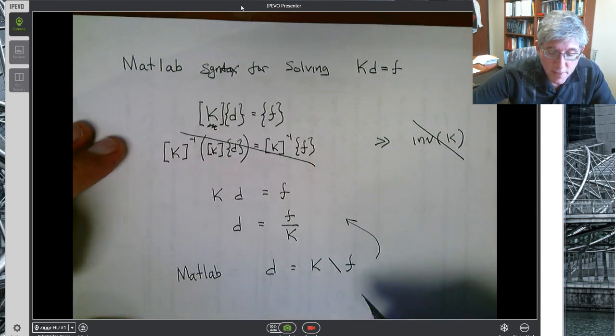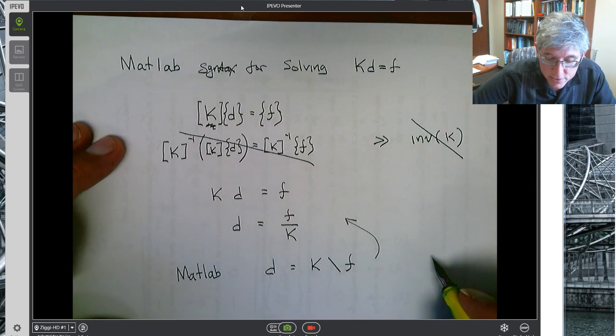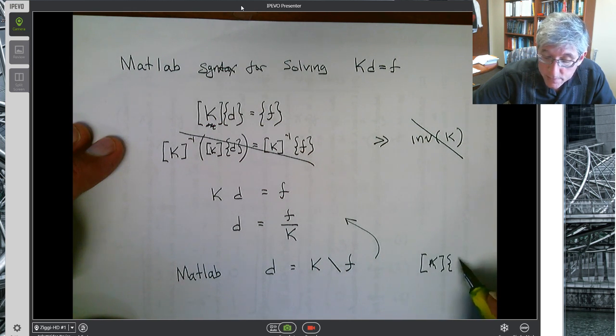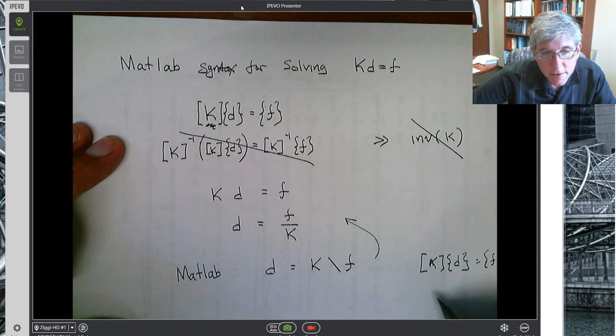Now, why the backslash? This is because we have the system written as a matrix times a column vector equals a column vector.